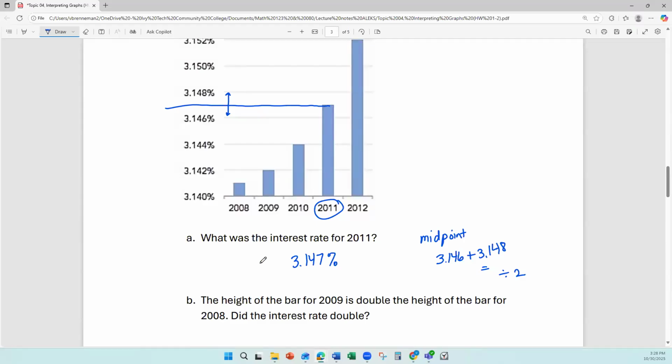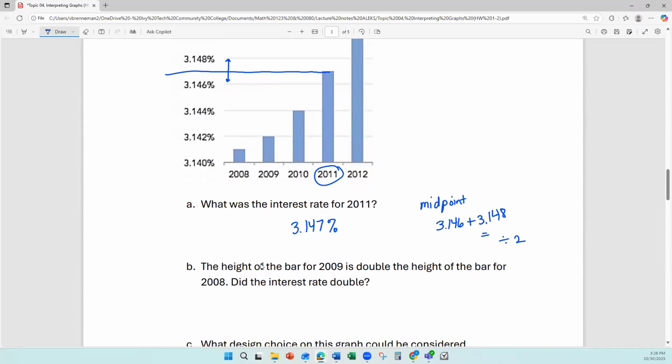Then the other question with these graphs is, if we look at the 2008 and 2009 bars here and look at the height of each bar, you can see visually that the 2009 bar is about double the height of the 2008 bar. So the question is, did the interest rate actually double from 2008 to 2009?